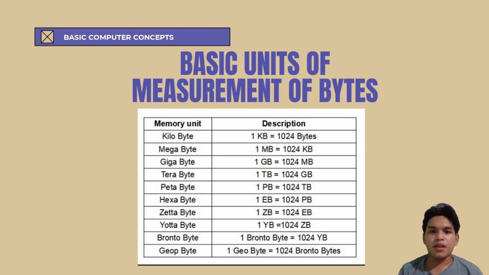Here are the basic units of measurement of bytes. 1 kilobyte is equivalent to 1024 bytes. 1 megabyte is equivalent to 1024 kilobytes. 1 gigabyte is equivalent to 1024 megabytes. 1 terabyte is equivalent to 1024 gigabytes. 1 petabyte is equivalent to 1024 terabytes. 1 hexabyte is equivalent to 1024 petabytes. 1 zettabyte is equivalent to 1024 hexabytes. 1 yottabyte is equivalent to 1024 zettabytes. 1 brontobyte is equivalent to 1024 yottabytes.